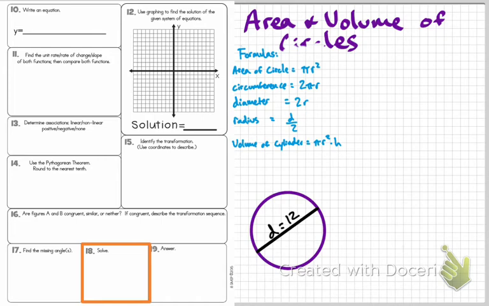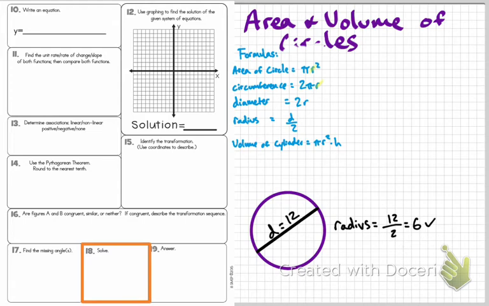So I actually need to convert my diameter into the radius first, which isn't too difficult, but I definitely want the radius because in order to find area, circumference, volume, I need the radius for that. So let's go ahead and take our radius, which is equal to the diameter over 2, or 12 over 2, and now we have our radius of 6, and we can use this to apply in our formulas.